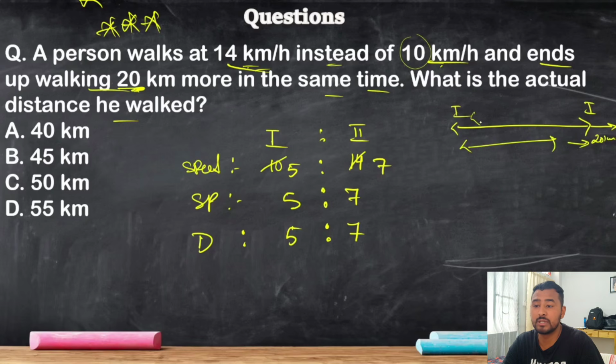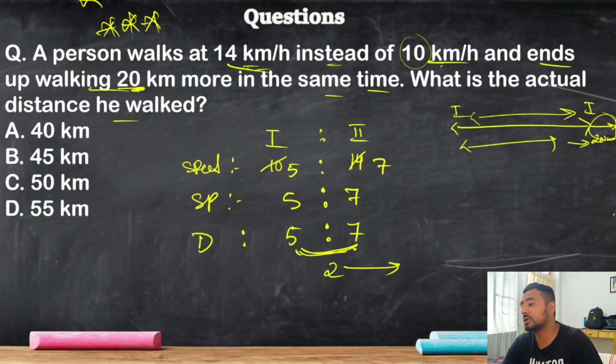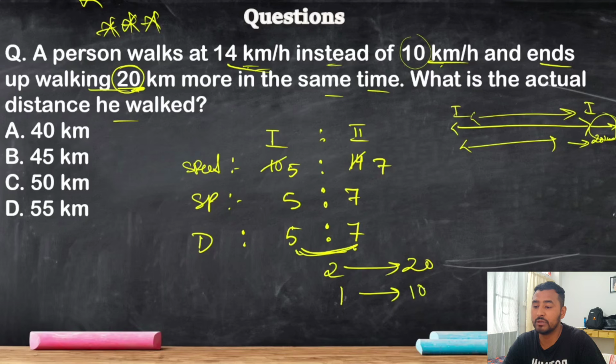So it was supposed to travel this much only, but it has covered 20 km extra. So how will we know that extra? First it covered 5 kilometers, then 7 kilometers. So you get the difference of these two. 7 minus 5 will be how much? 2. But according to the question it is how much? 20 kilometers. So get the value of one part, you will get how much? 10 kilometers. Right.